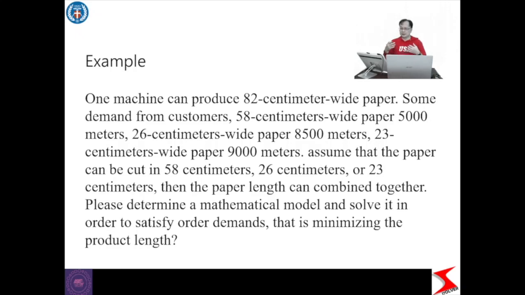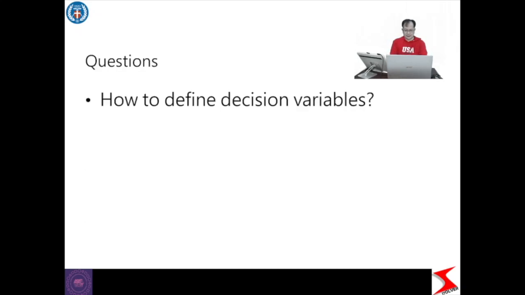So if you think about the decision as the length of the paper, then you will get into trouble. So you can think about how you define the decision variables. Maybe just 30 seconds. 20 seconds, 10 seconds, 5, 4, 3, 2, 1.